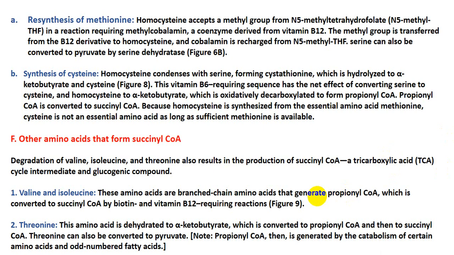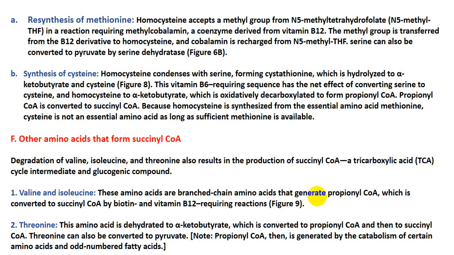Propionyl coenzyme A can also be generated by some amino acids and by catabolism of odd-numbered fatty acids.